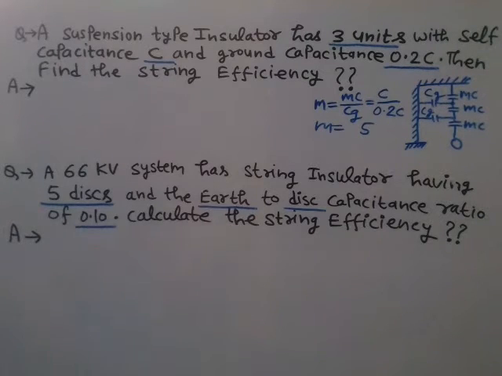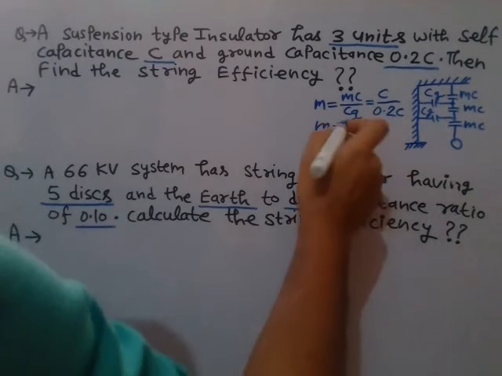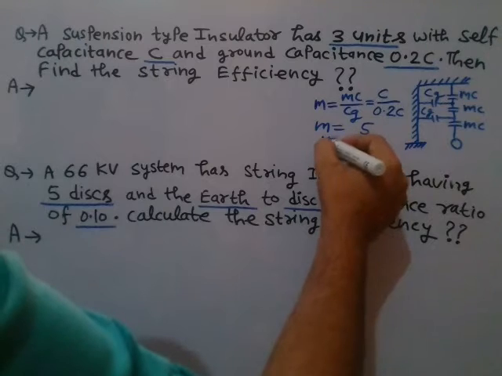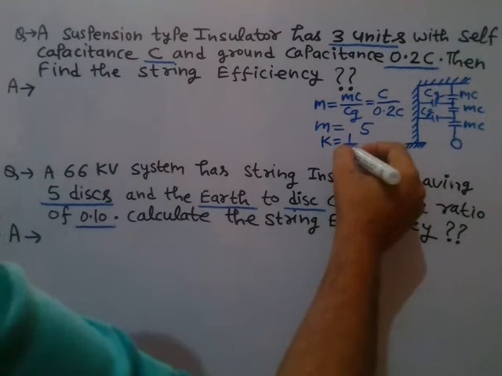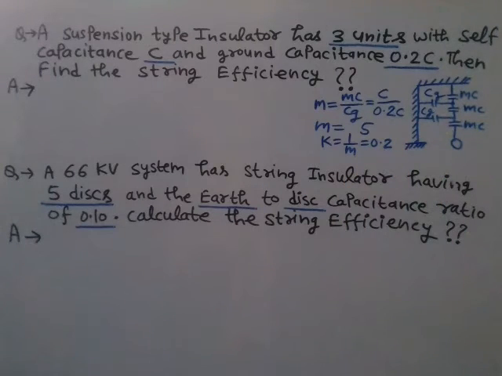From this you got the ratio of mutual capacitance to ground capacitance, denoted by a small m. K is another factor, equal to 1 by m, so it is 0.2.